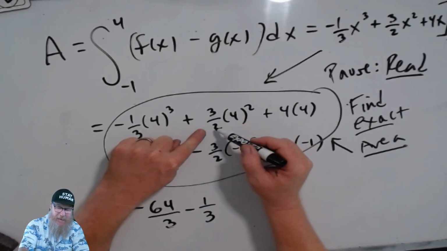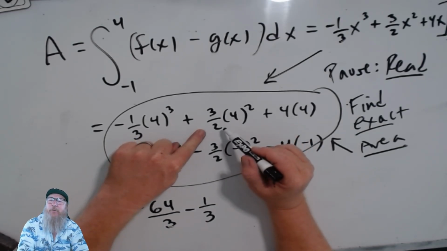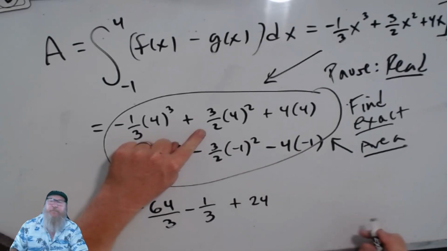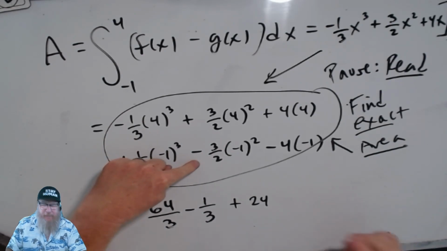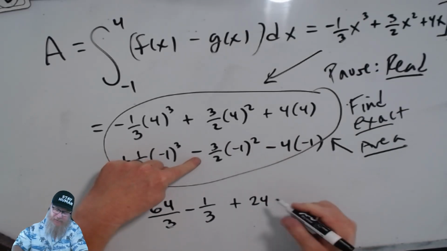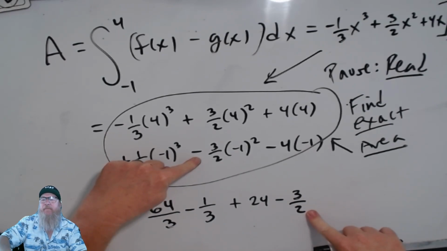So I've got 3/2 and 4 squared. Well, 4 squared is 16. 16 divided by 2 is 8, and 8 times 3 is 24. -1 squared is 1, and then minus 3/2, so minus 3/2. That one stays the same.